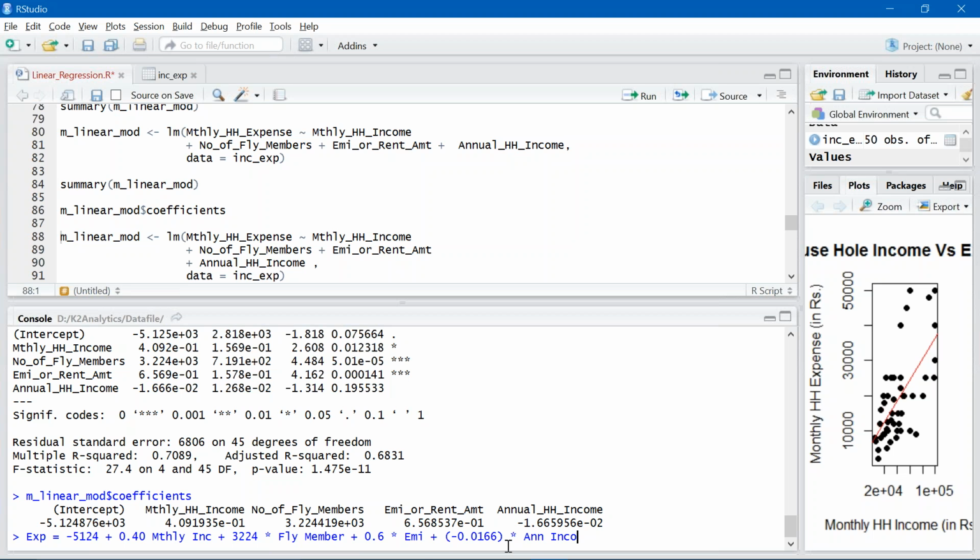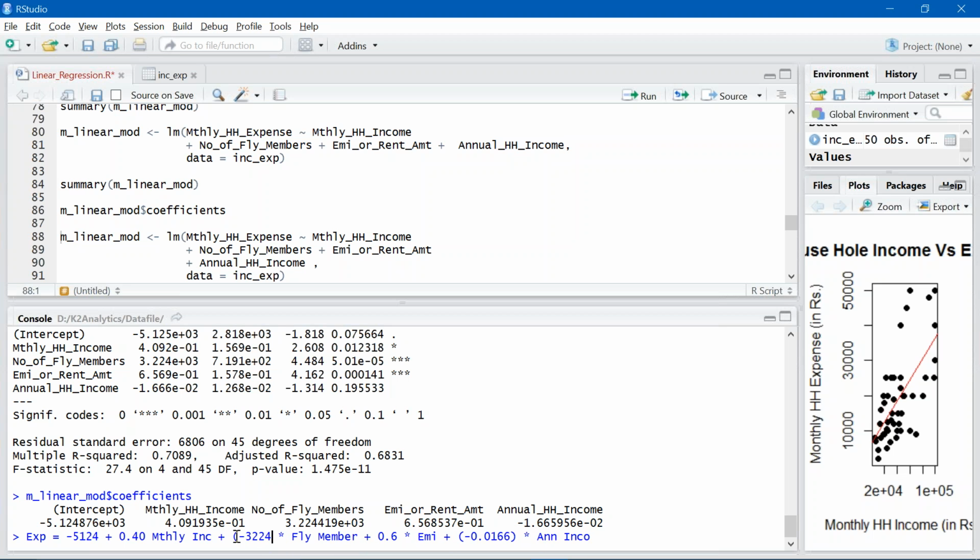So the point I'm trying to make, the way to understand the betas, I would request you to be attentive. The way to interpret the betas is, if the beta is positive, then if the value of that variable increases, the y, which is expense in this case, will increase. Now just assume this beta had come as minus 3224.